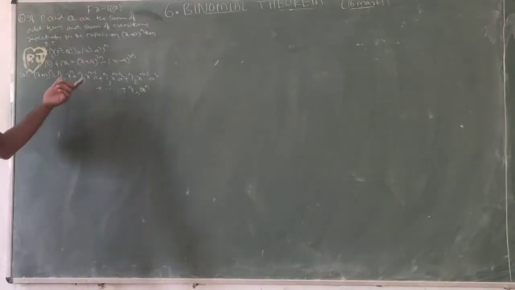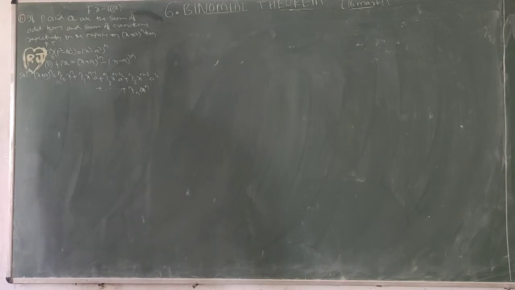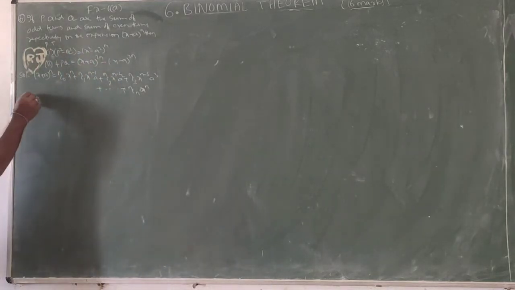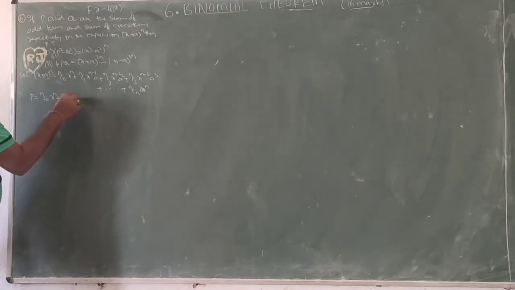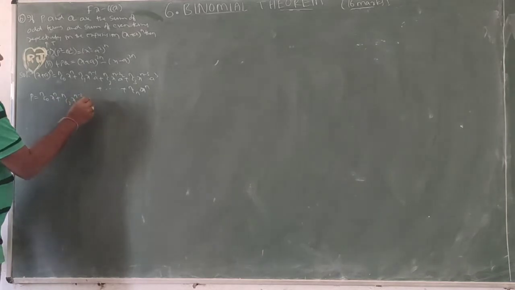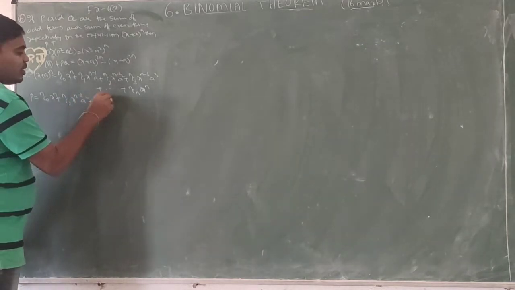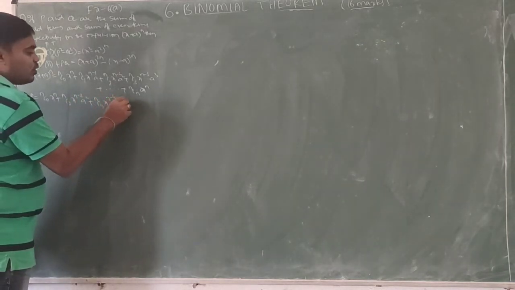In this expansion, sum of odd terms p, sum of even terms q. Add first term nc0 x power n, third term nc2 x power n minus 2 a square. So p equal to nc0 x power n plus nc2 x power n minus 2 a square plus nc4 x power n minus 4 a power 4 plus up to so on. So this is p.